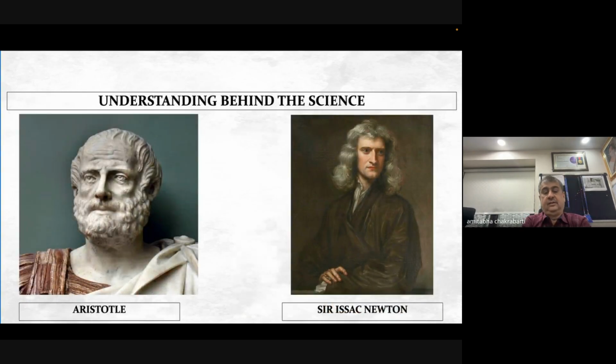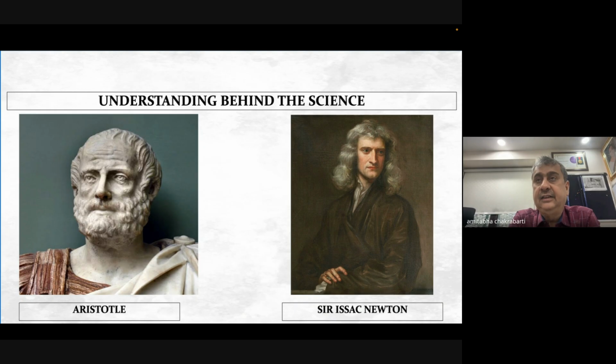Now, Aristotle and Newton, you know better than me. Why am I presenting them here? Because Aristotle was one of the famous philosophers whose understanding was that there is no need to understand the laws of nature because it is always inbuilt and we cannot do anything out of it.